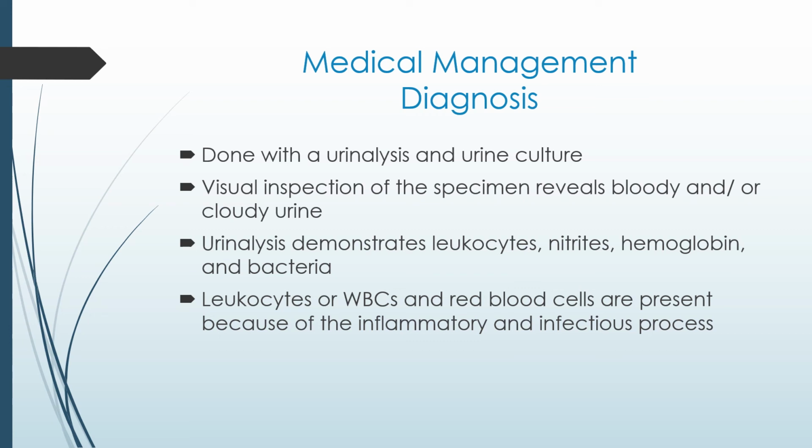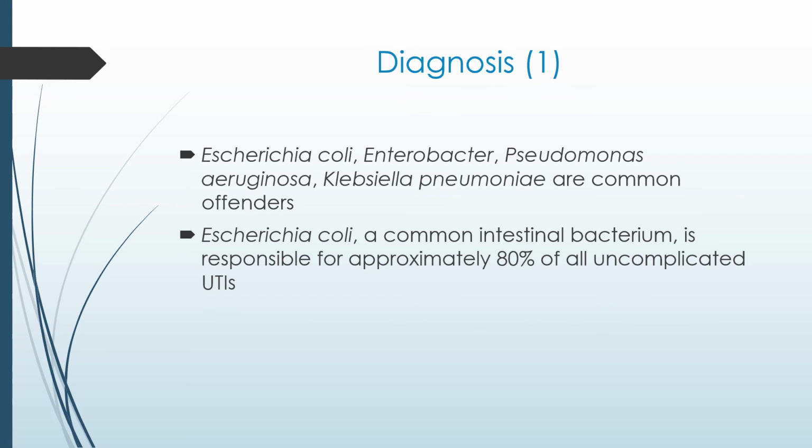Leukocytes, or WBCs, and red blood cells are present because of the inflammatory and infectious process. So, E. coli, Enterobacter, Pseudomonas, Klebsiella are all common offenders. E. coli, a common intestinal bacterium, is responsible for approximately 80% of all uncomplicated UTIs.